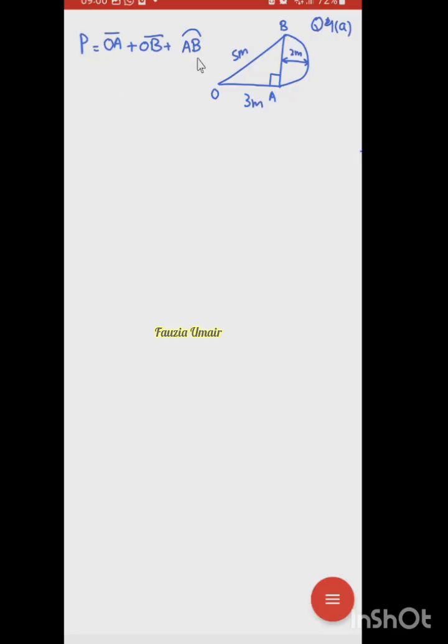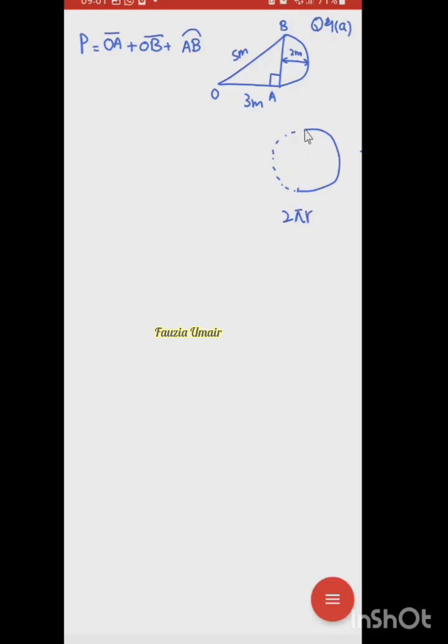Now we will put in the values. OA is simply 3 meter. OB is 5 meter. What about curve AB? What is curve AB in length? Curve AB is a semicircle, which is part of a circle. The circumference of the complete circle is 2 pi r.